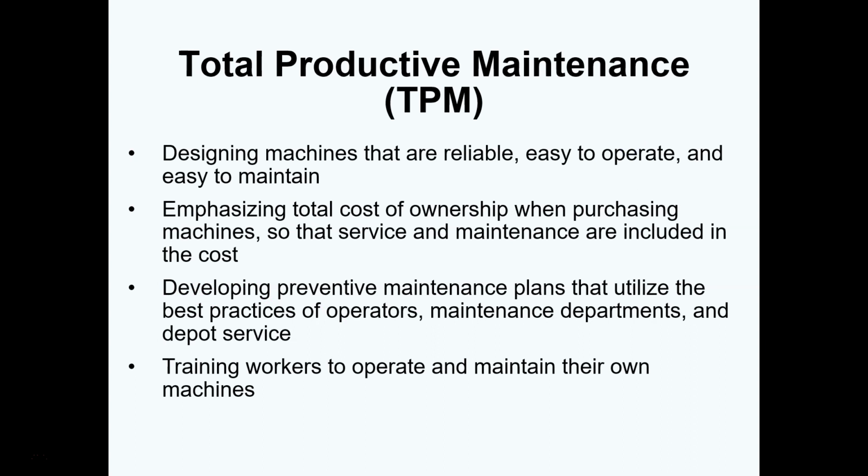Total productive maintenance is a method for improved machine availability through better utilization of maintenance and production resources that was introduced in Japan in 1971.